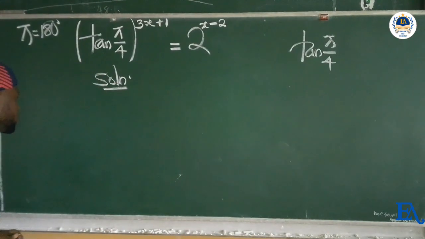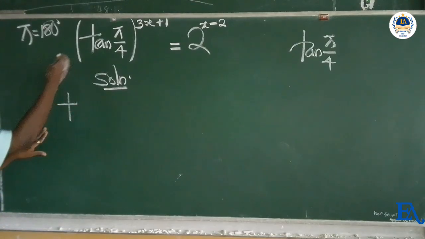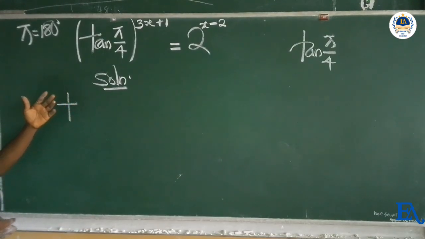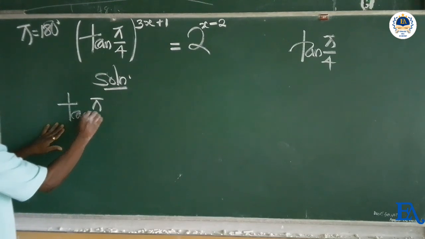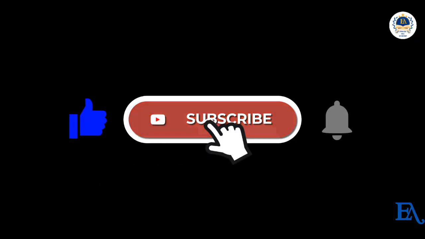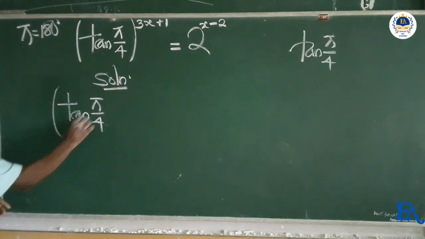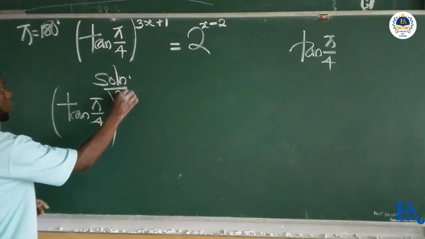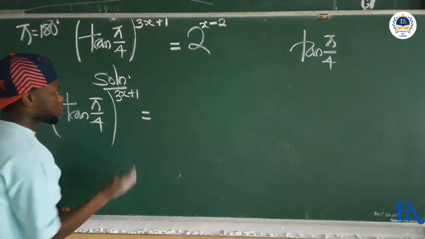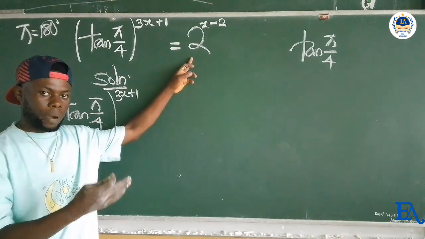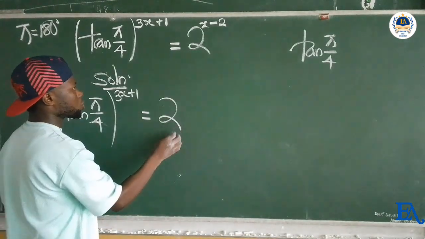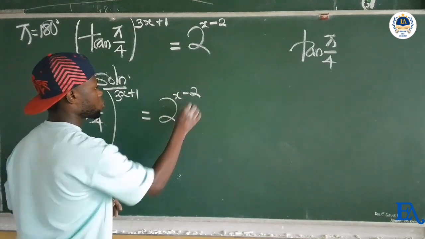Now, having known that, let's examine the parentheses, which is the bracket. In this bracket, we have tan π/4, raised to the power of 3x + 1, which equals 2 raised to the power of x − 2.